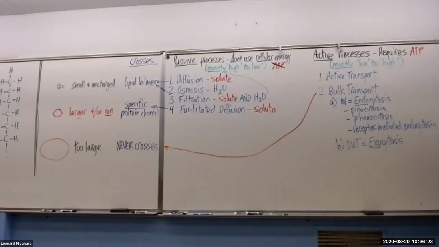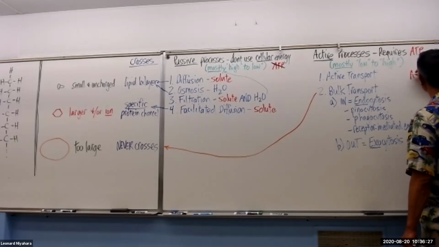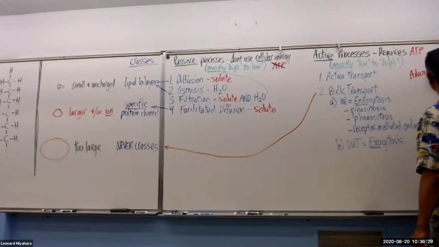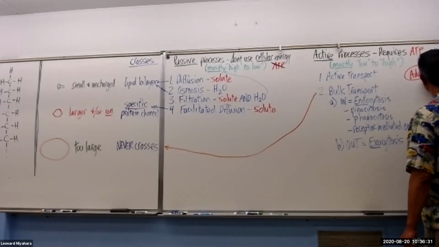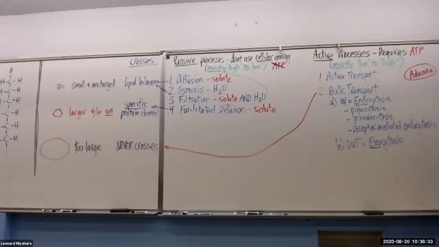Hopefully you can see it here. You have to have a nitrogen-containing base. In the case of ATP, it's adenine. That's where the A comes from. It has to have a sugar.